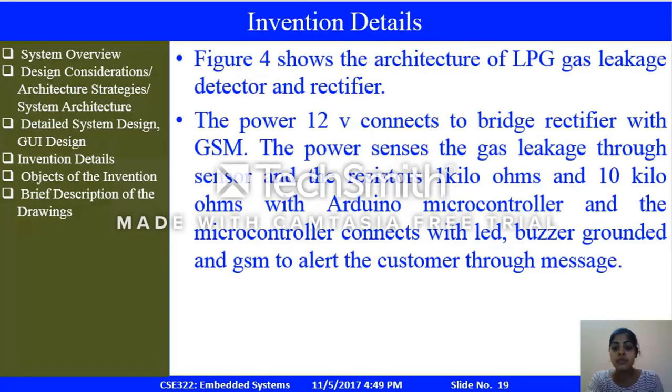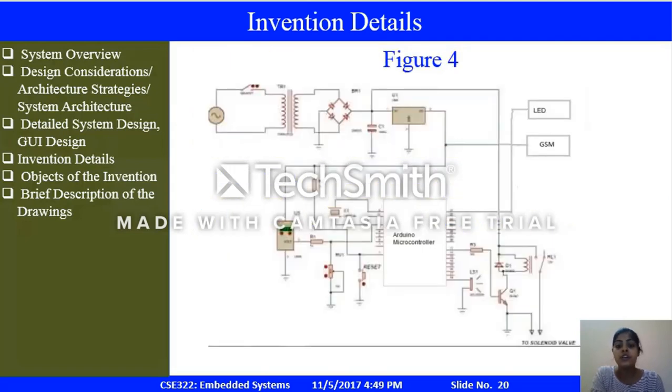The next figure will show the architecture of the LPG gas leakage detector and rectifier. So here the power supply unit supplies power: the main voltage of 220 volts is stepped down by the transformer to approximately 12 volts AC, and then it is converted to a pulsating DC of 12 volts with the help of a bridge rectifier and capacitor.